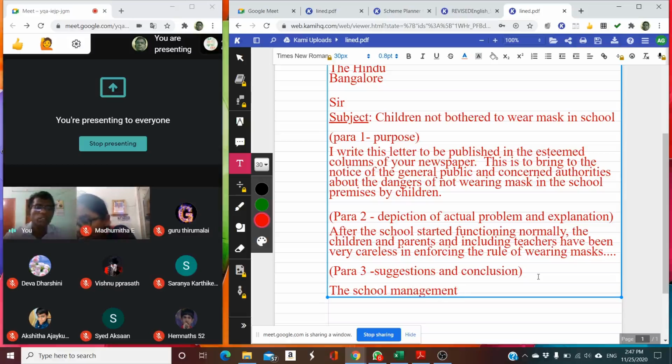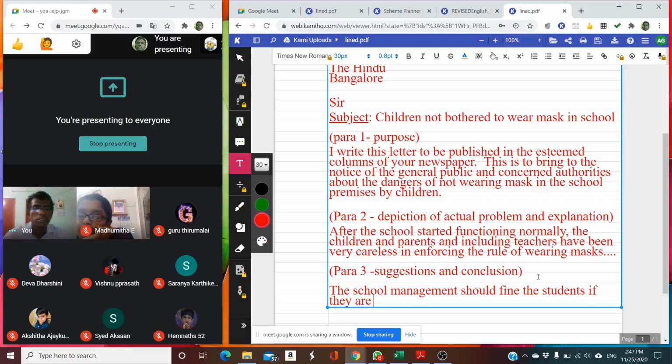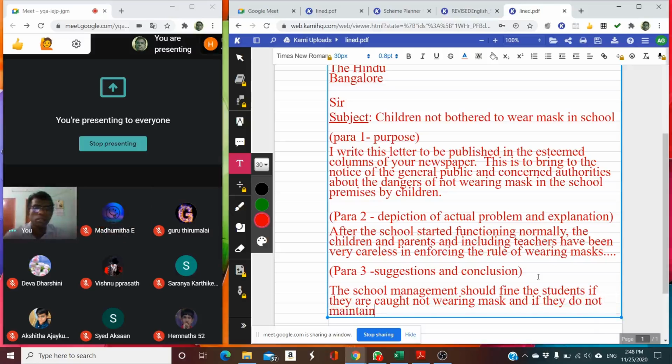The school management should fine the students if caught without mask and if they do not maintain distance.